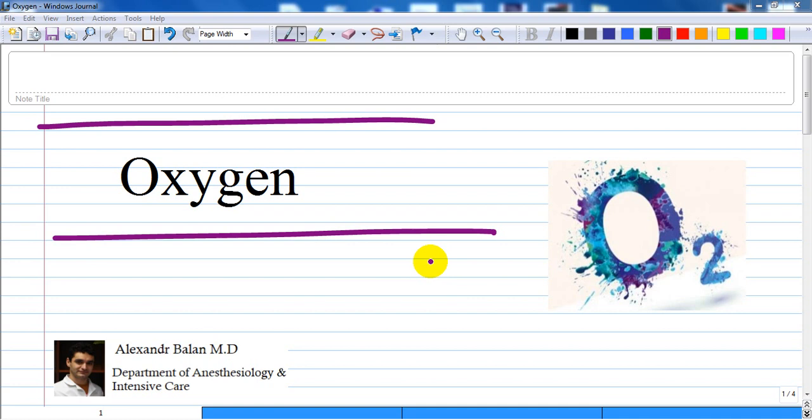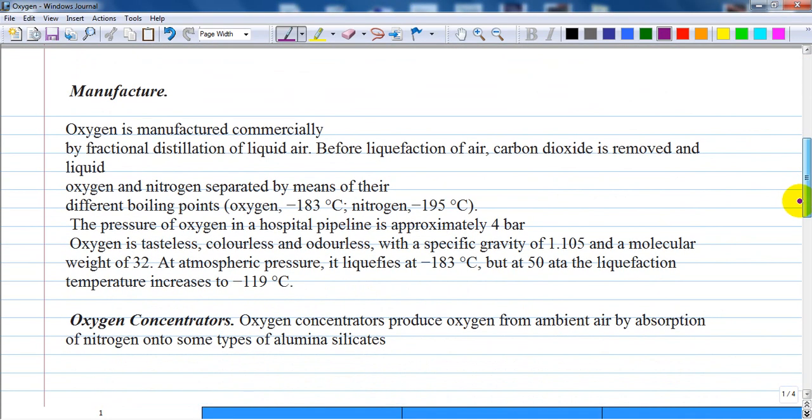Let's discuss in this video medical gases, one of them being oxygen. Oxygen is manufactured commercially by fractional distillation of liquid air. Before liquefaction of air, carbon dioxide is removed, and liquid oxygen and nitrogen are separated by means of their different boiling points.